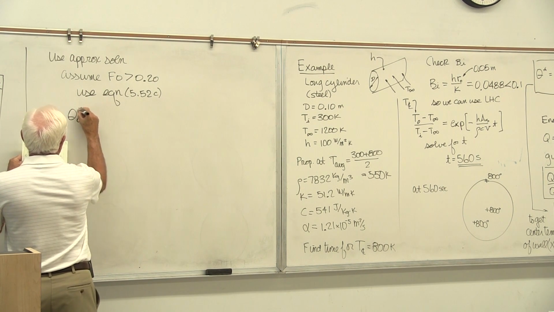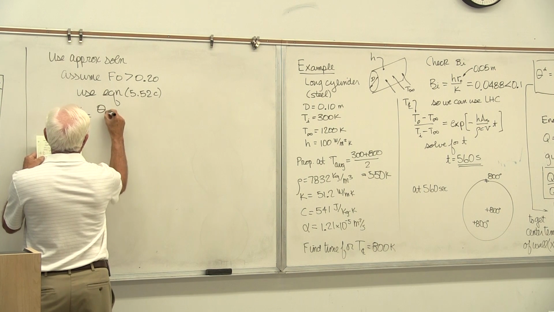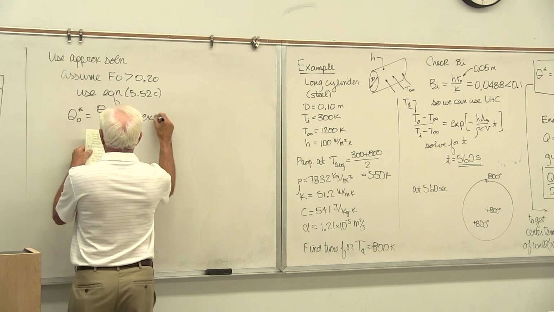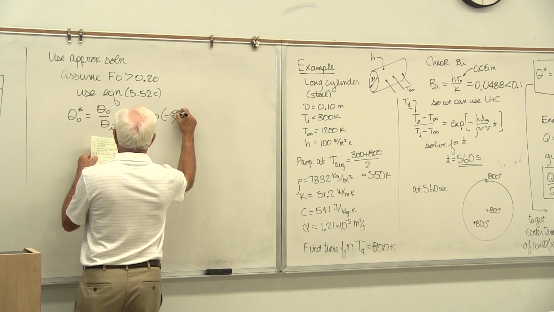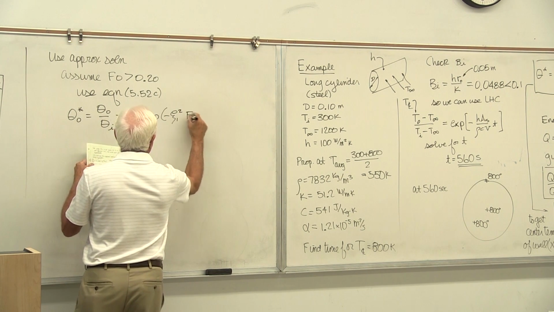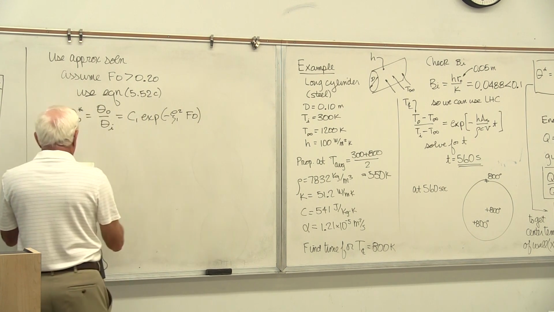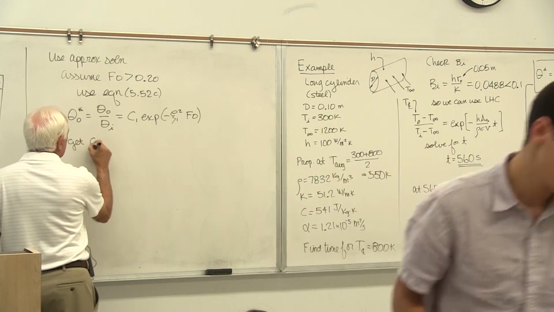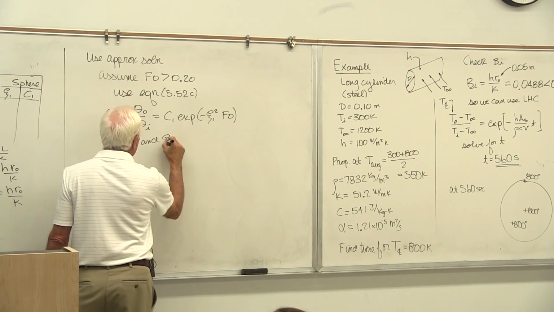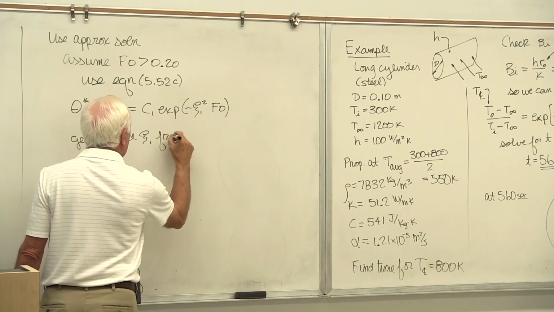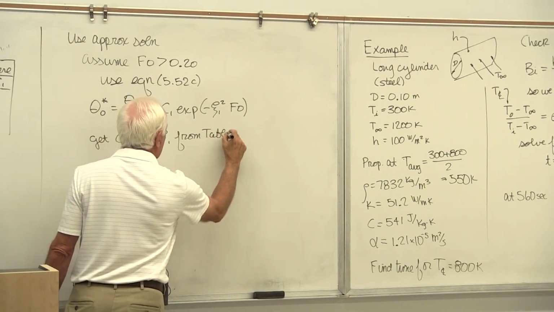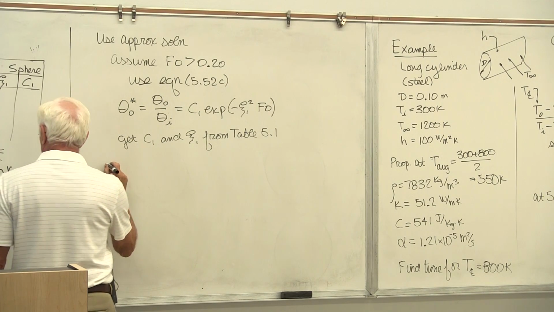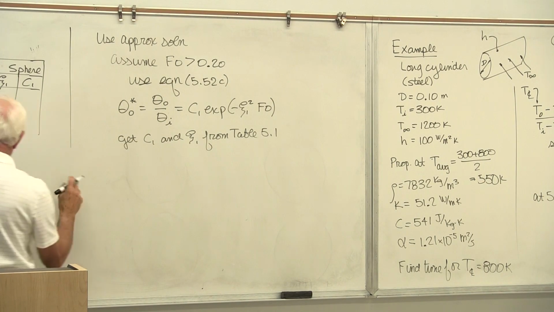Beta naught star. Okay, get C1 and zeta 1 from table 5.1. Okay. Biot number. What is it? A cylinder.